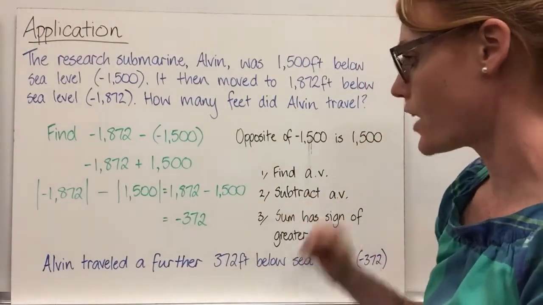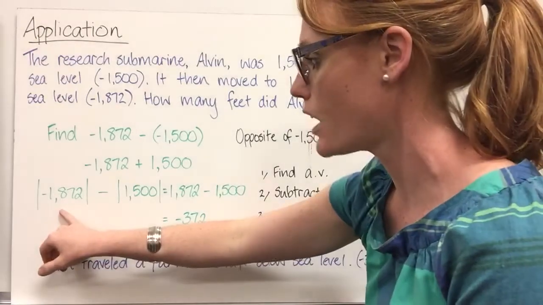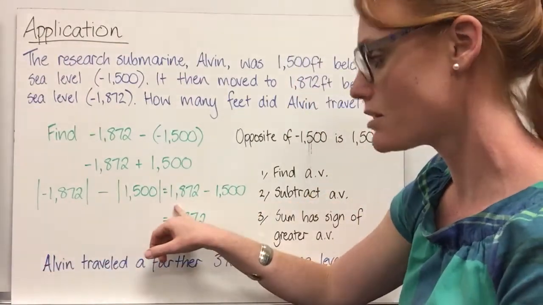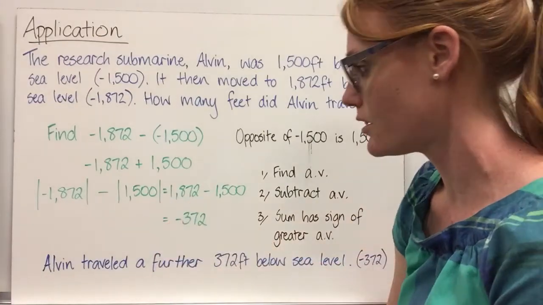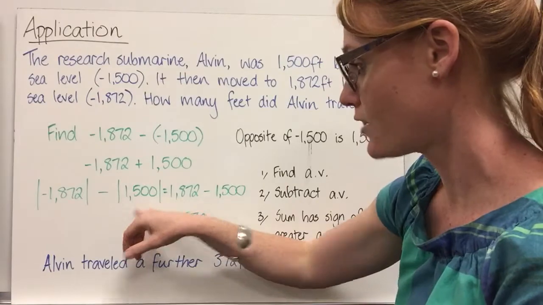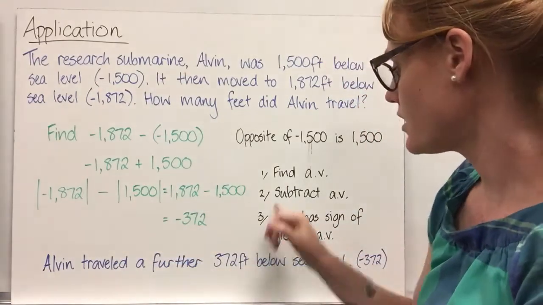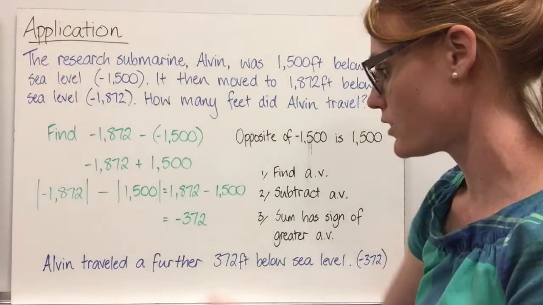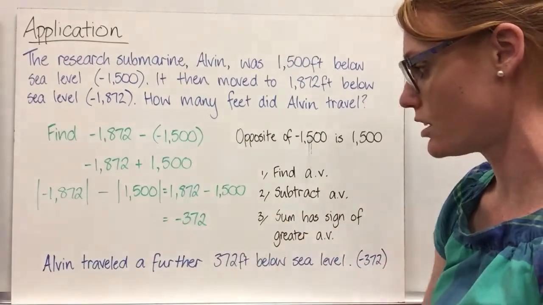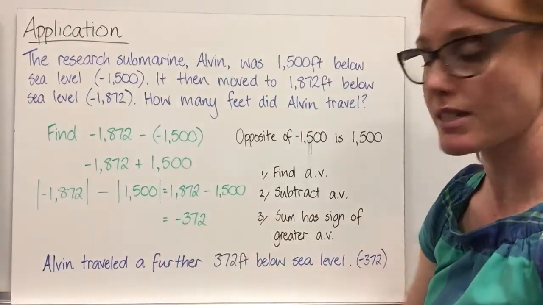So first of all, we find the absolute values. The absolute value of negative 1,872 is positive 1,872. And the absolute value of 1,500 is 1,500. And then we're going to subtract the absolute values. So we have 1,872 subtract 1,500, which leaves us with 372.